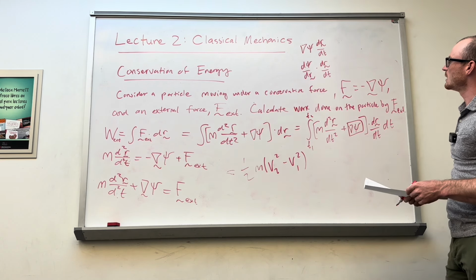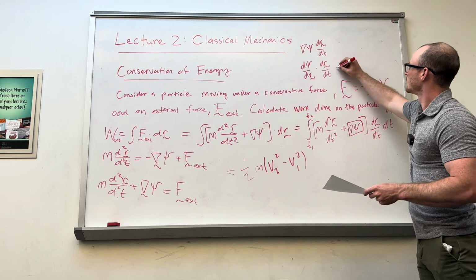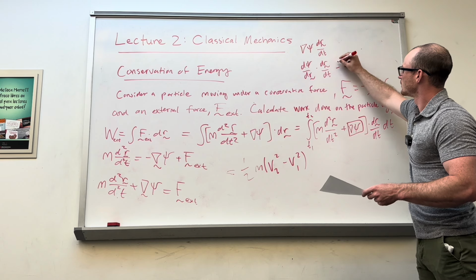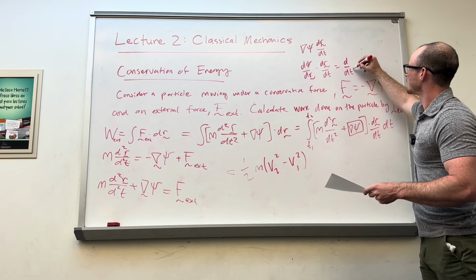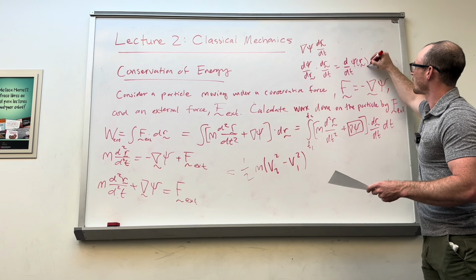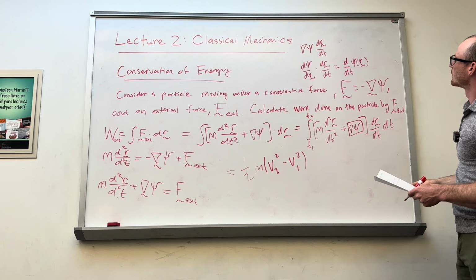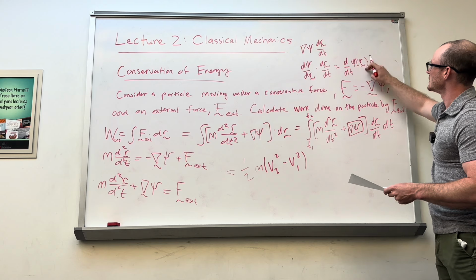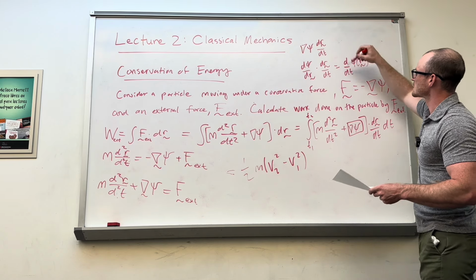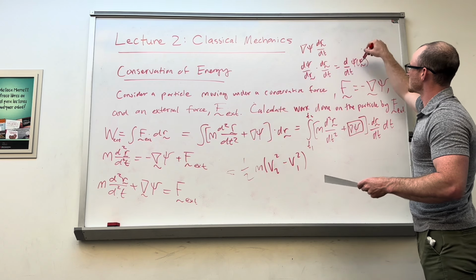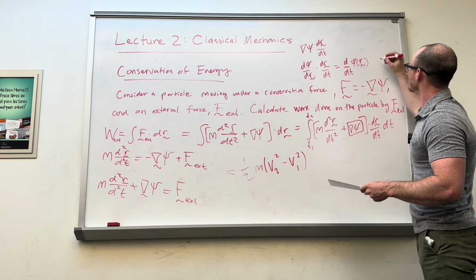Well, this to me looks like a chain rule. d dt of psi, which is a function of r, right? Because if we take d dt of psi of r, then what we end up with is the d psi dr term times the dr dt term through the chain rule.